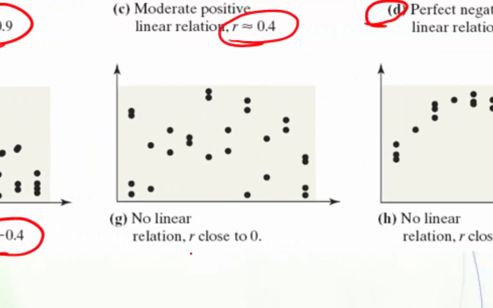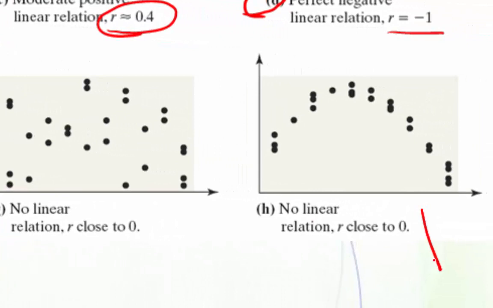Graph G shows you a plot that has an R value close to 0, and notice how scattered the points are. And even though there is a curved relationship in this last graph, it would still have an R value close to 0 because remember, R tells us if there's a linear relationship. It doesn't tell us anything about any other types of relationships that might exist.